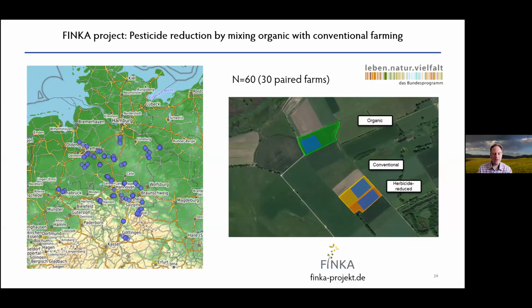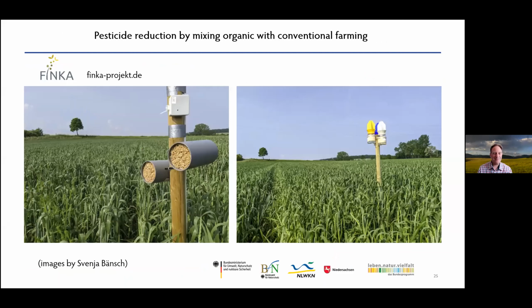And I cannot show you results yet, but I can show you pictures from yesterday. So my postdoc, Svenja Bench, is currently in the field setting up traps on 90 fields across whole Lower Saxony. So it's really a huge effort. And we are also using automated monitoring devices here. This is an audio device that records bat and bird sounds.